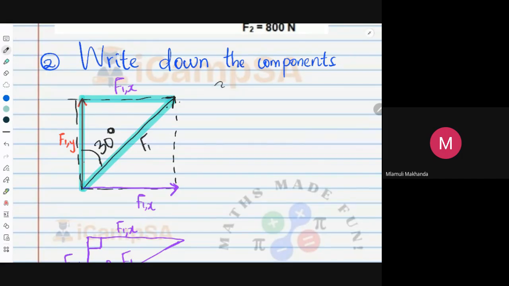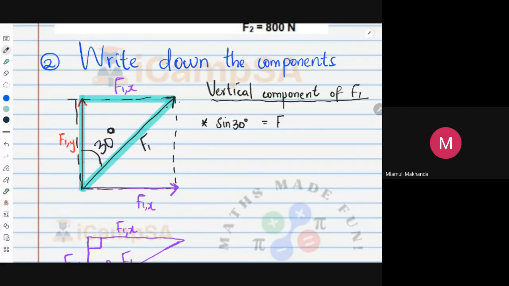Let's start with the vertical component, which is the y, of F1. Okay? It's basically, if I say sine 30, I will get F1.